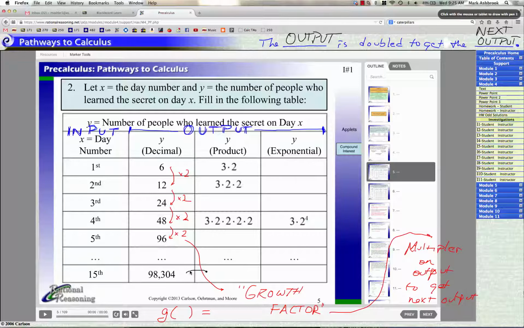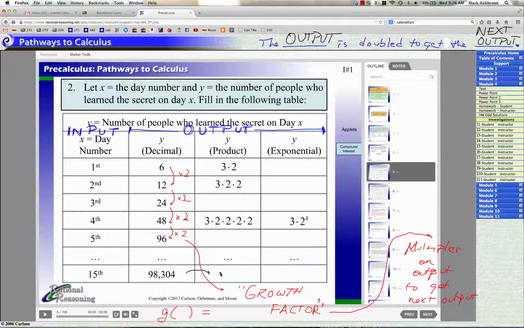I want you to do product notation for the 15th day. Go. So how would you represent that? Product notation for the number of people on the 15th day. So who can describe what the product notation would be?